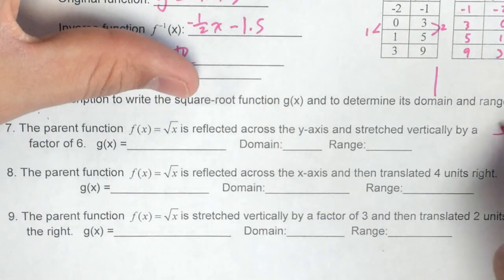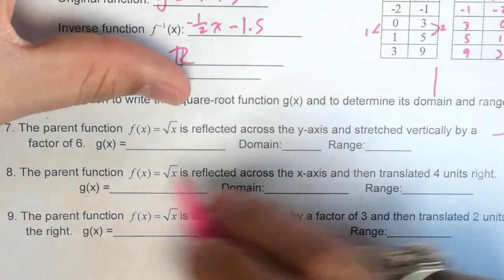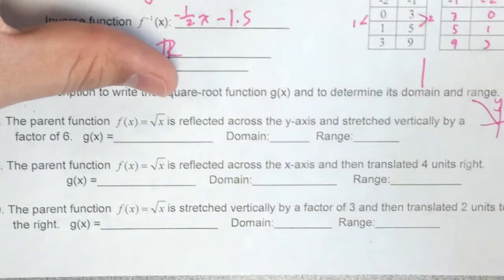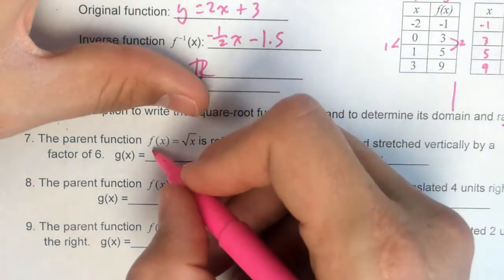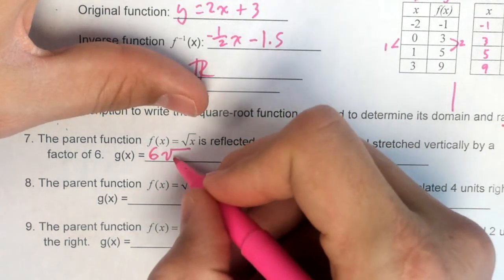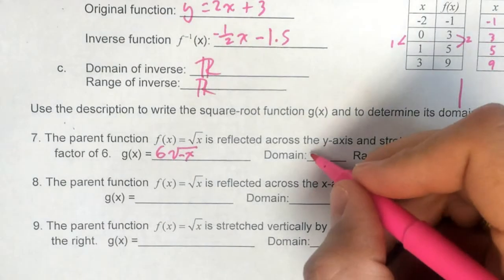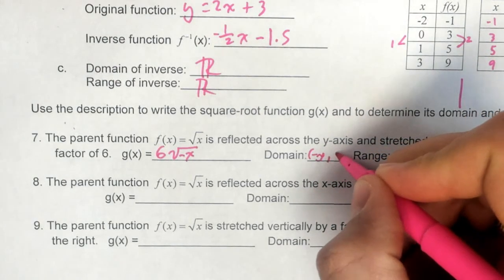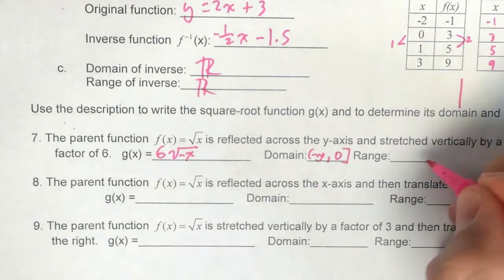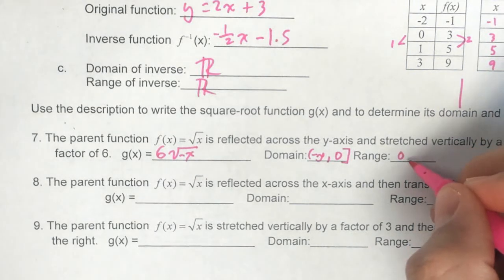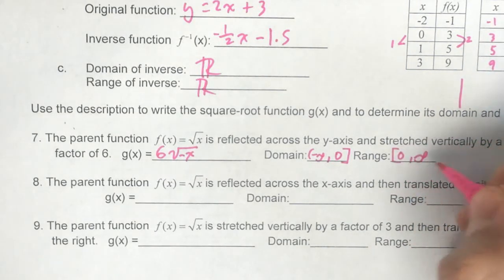So it's going to open to the left and stretch vertically by 6. So it means it's going to be real steep like that. So it's going to be stretched by 6, and inside we're going to reflect it. My domain is going to be negative infinity to 0, and my range is going to be 0 to infinity.